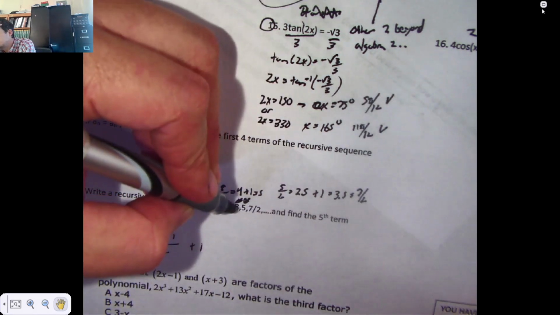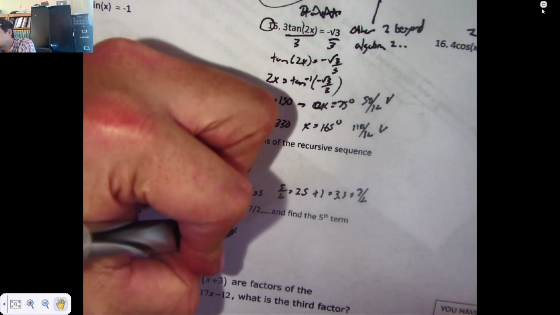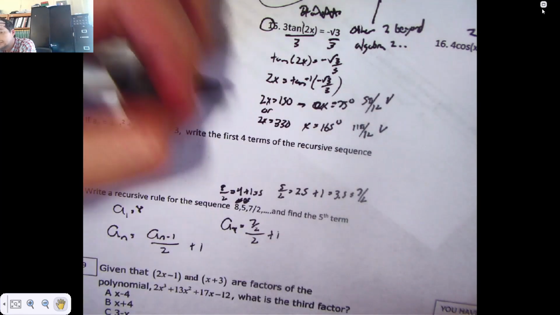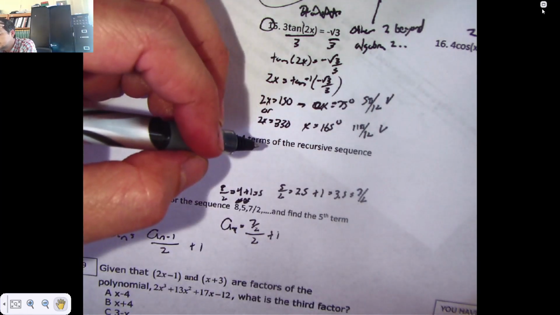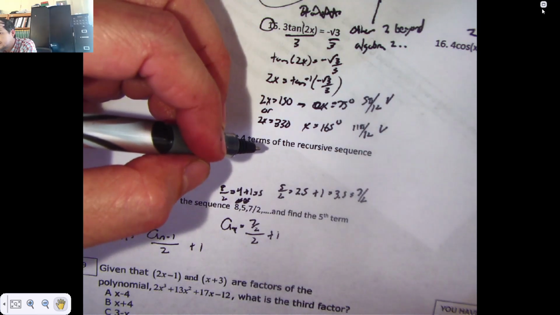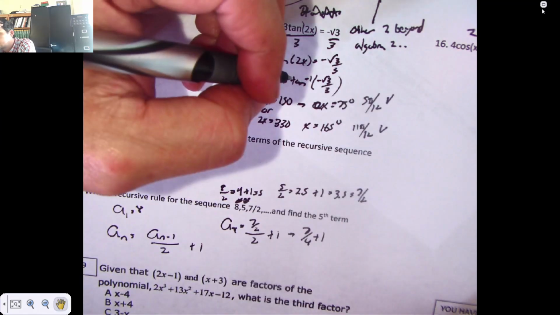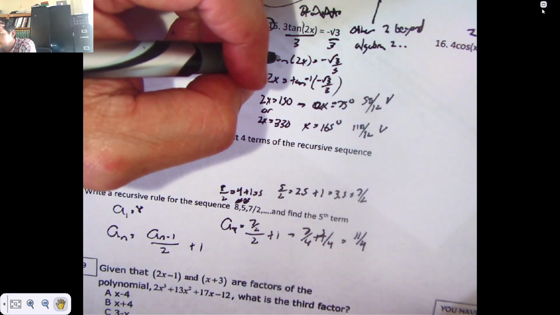So you've got the first, second, third. The fourth term would be 7 halves, cut in half, add 1. If you take 7 halves and cut it in half, you get 7 quarters. If you add 1, which is 4 fourths, you get 11 fourths. Notice I'm not pushing any buttons? You don't have to push buttons.